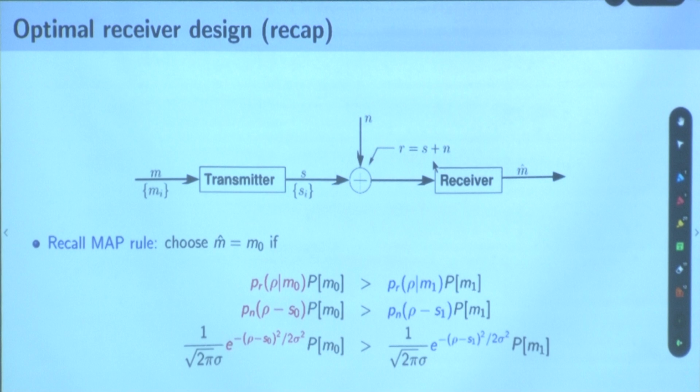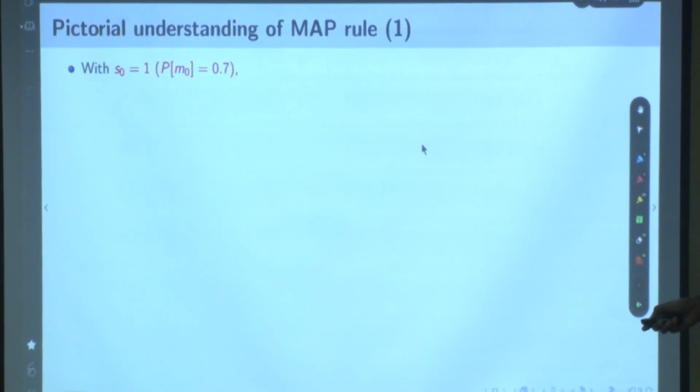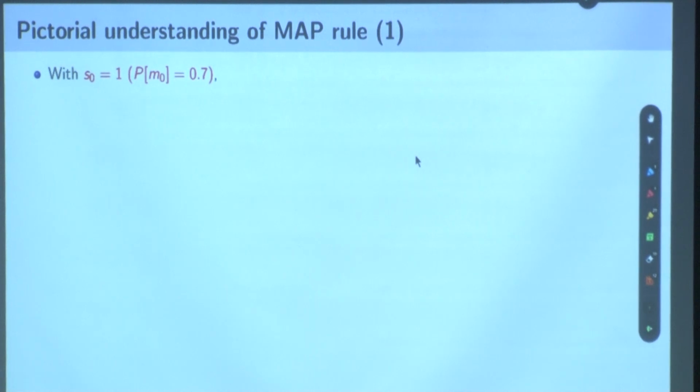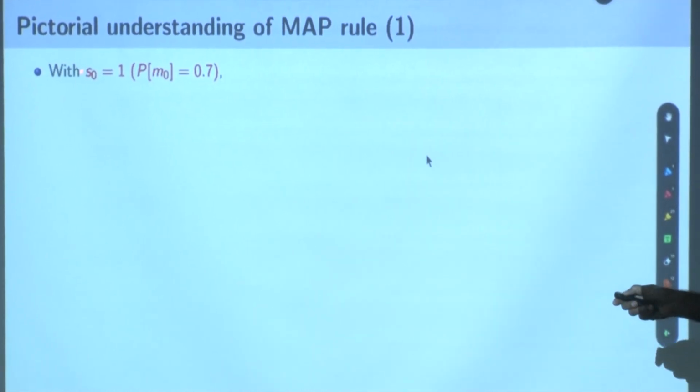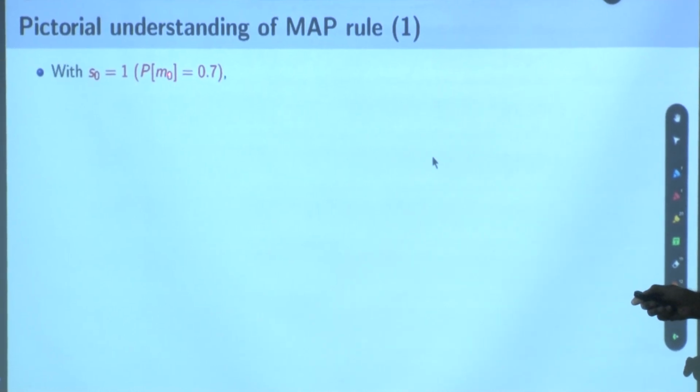Now using this we will analyze a few things. I am going to consider multiple examples and see how the MAP rule changes. When S naught is 1, it is transmitted with a probability of 0.7.